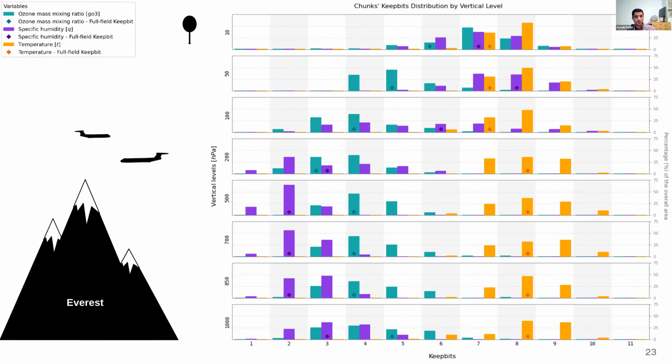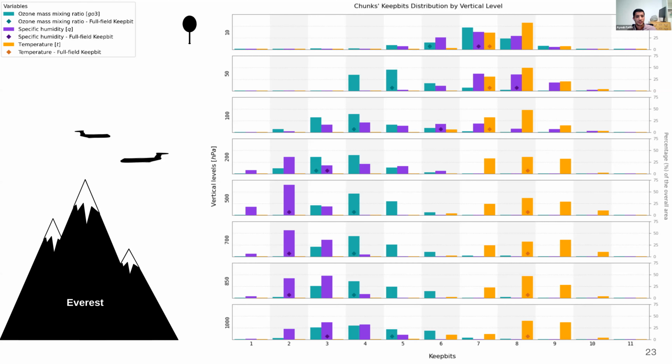In this slide, we delve into the variation of key bits distribution among different vertical levels. On the left side, an illustration helps understand what these vertical levels are like, assuming dry air at constant temperature. We have Everest at almost 9 kilometers at 300 hectopascals, airplanes flying at 12 kilometers at 200 hectopascals, and atmospheric balloons at 40 kilometers at 7 hectopascals.